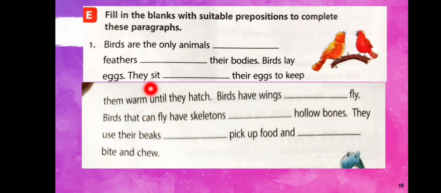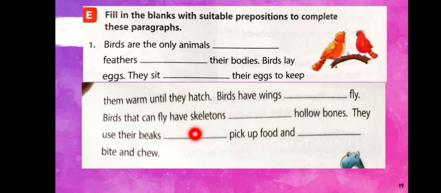Birds lay eggs. They sit on their eggs to keep them warm until they hatch. Where will they sit? On their eggs. Birds have wings to fly.